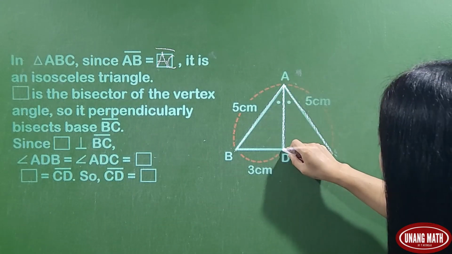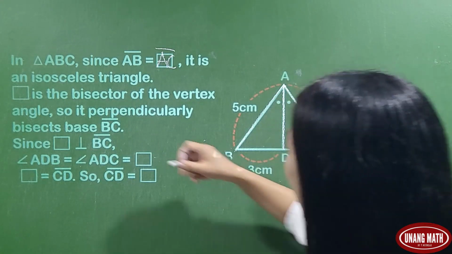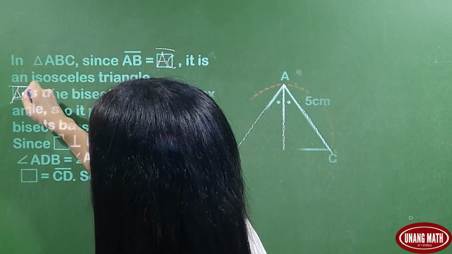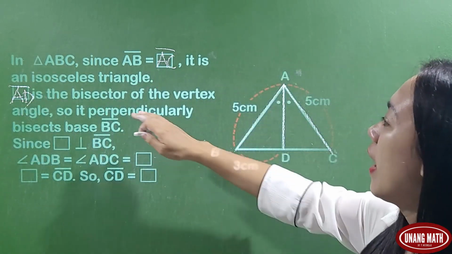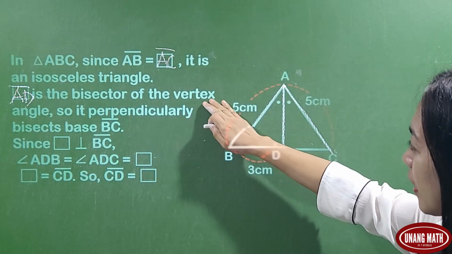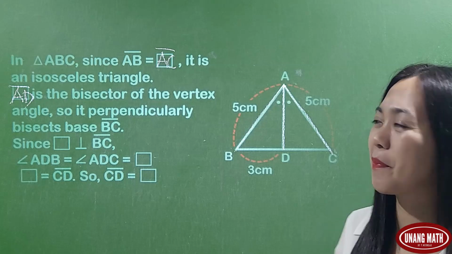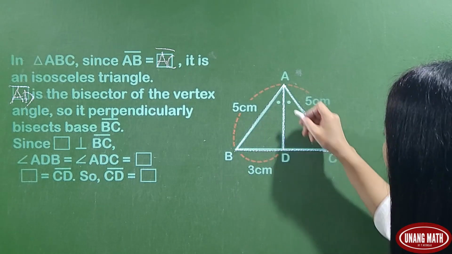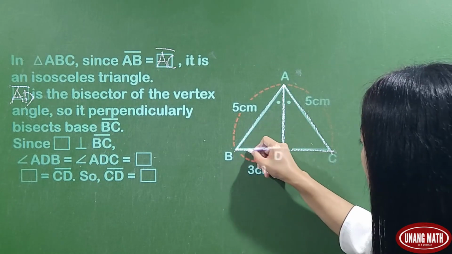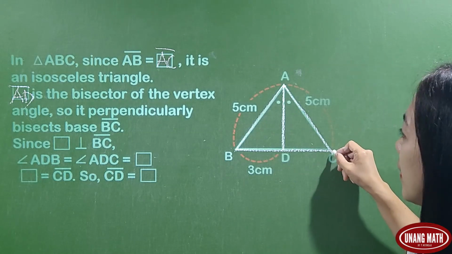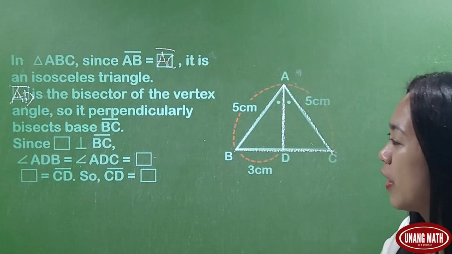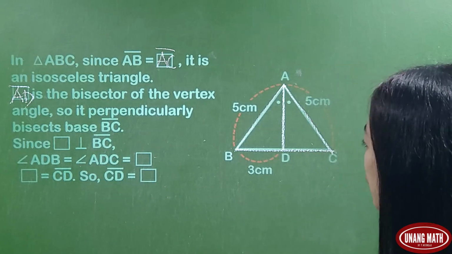This segment is the bisector, so this is segment AD. Segment AD is the bisector of the vertex angle, so it perpendicularly bisects base BC. So this segment AD perpendicularly bisects segment BC.